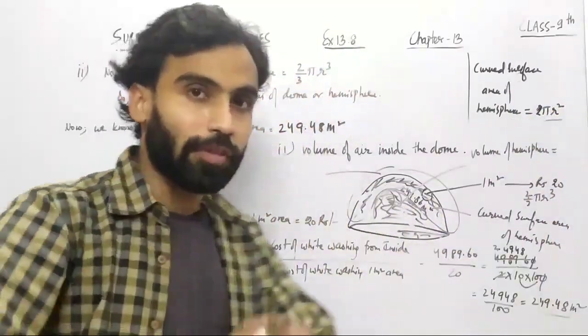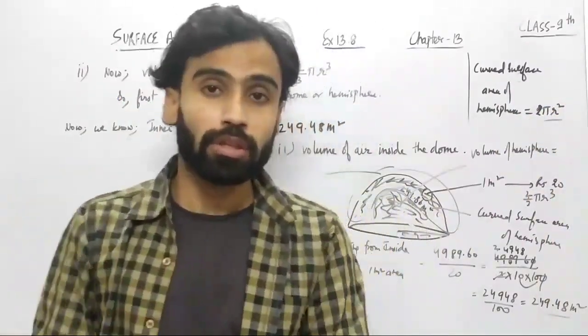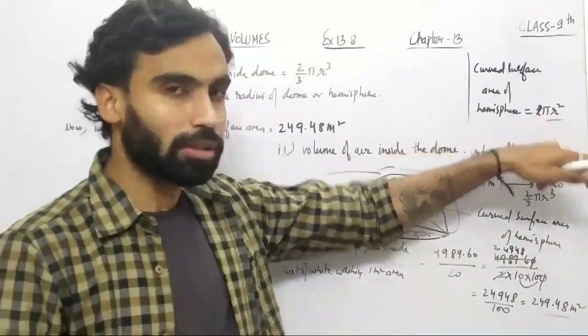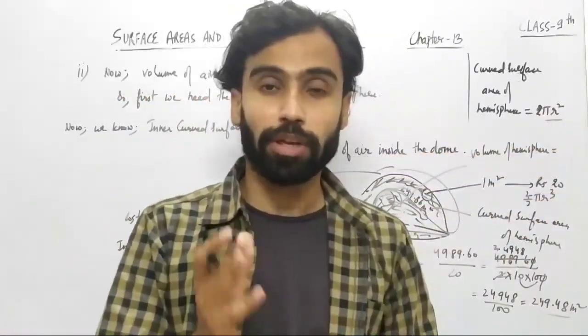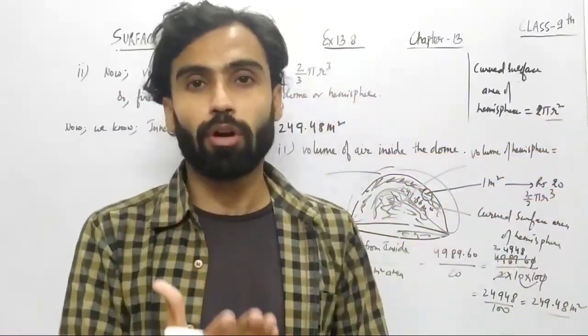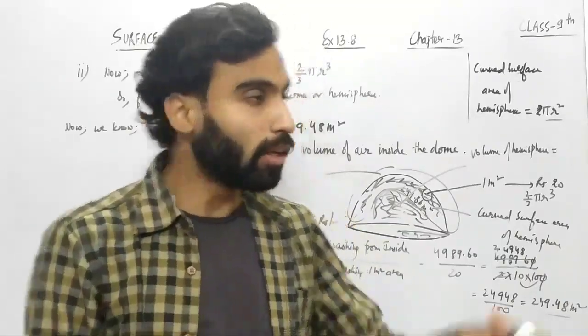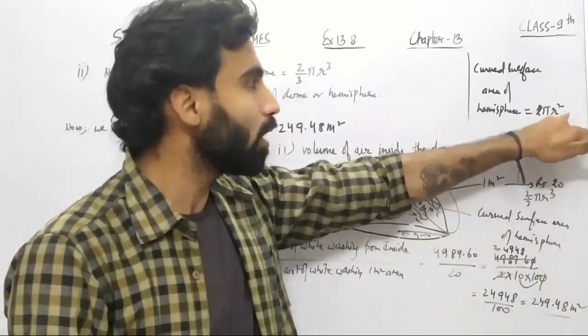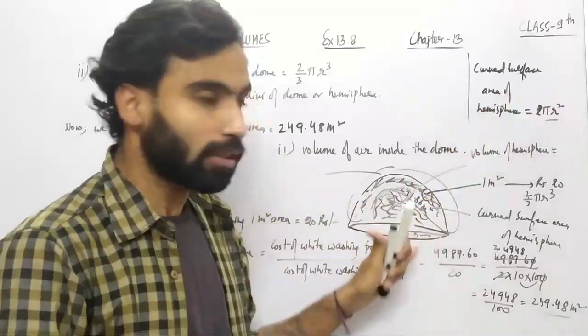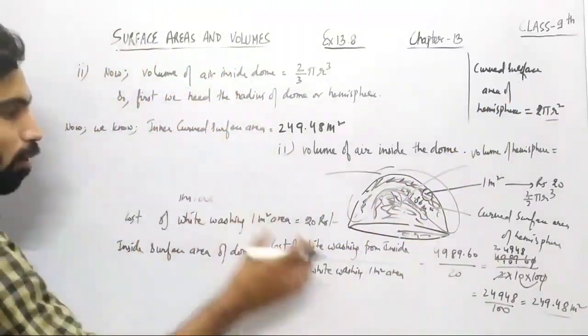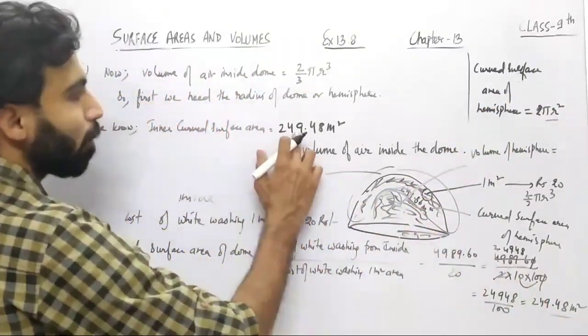This is the formula that we have done earlier in the videos. You have to learn all the formulas if you want to solve the questions of this exercise as well, right? So here, 2 pi r square is the curved surface area of a hemisphere, and we have already found the curved surface area, that is 249.48.